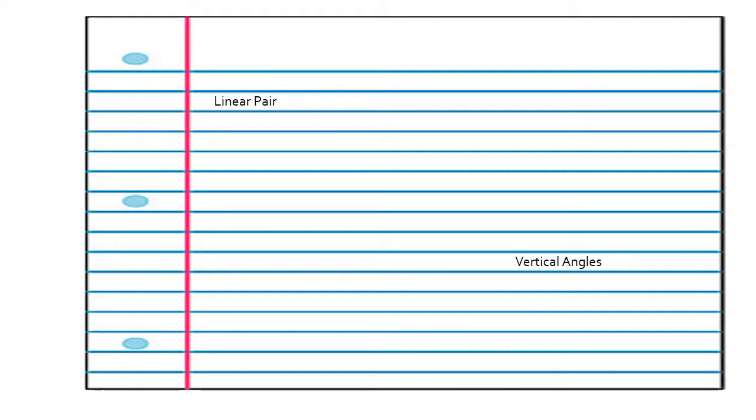A linear pair is a pair of angles that are supplementary. So a linear pair always equals 180 degrees.